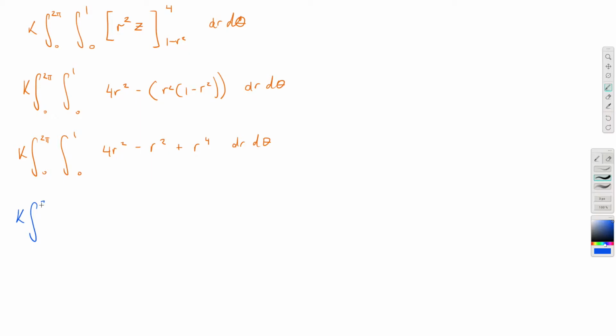That is k, integral 0 to 2 pi, 0 to 1, of 3r squared plus r to the 4, dr d theta.